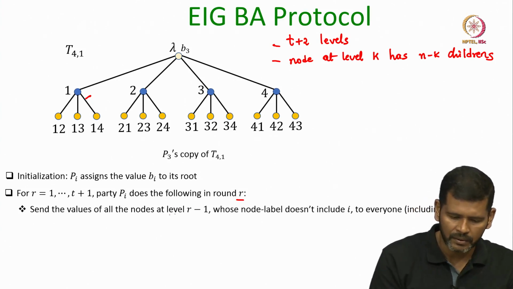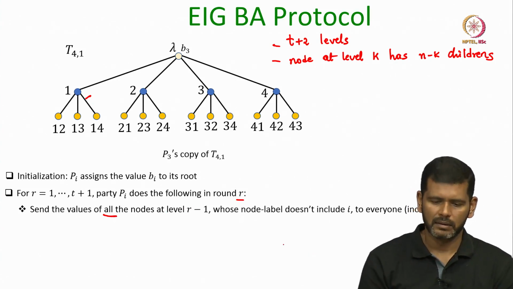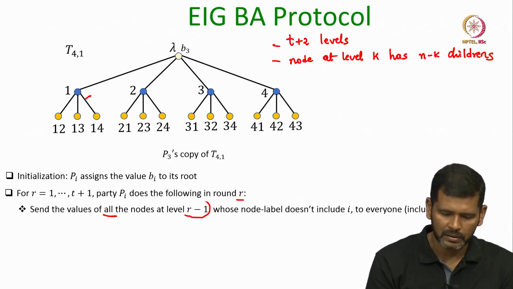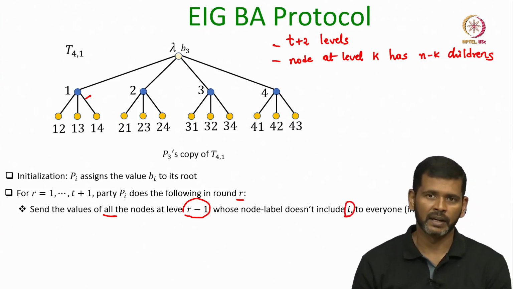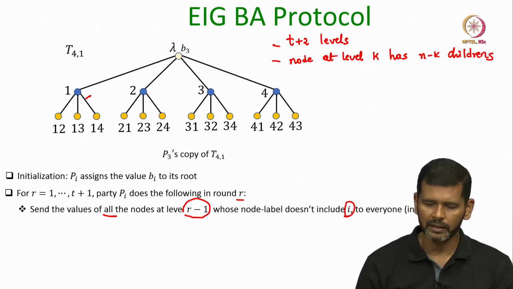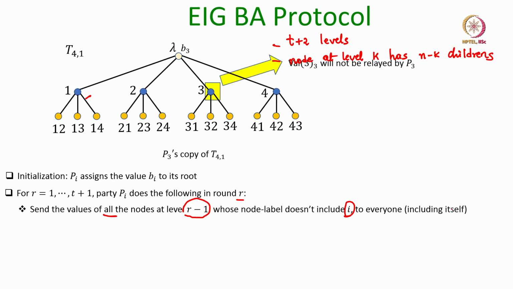It sends the values of all the nodes at layer r minus 1, except for those nodes whose tag includes i, and those values are sent to everyone, including the party itself. So, for instance, the value of this node will not be communicated by P3 during round 2.